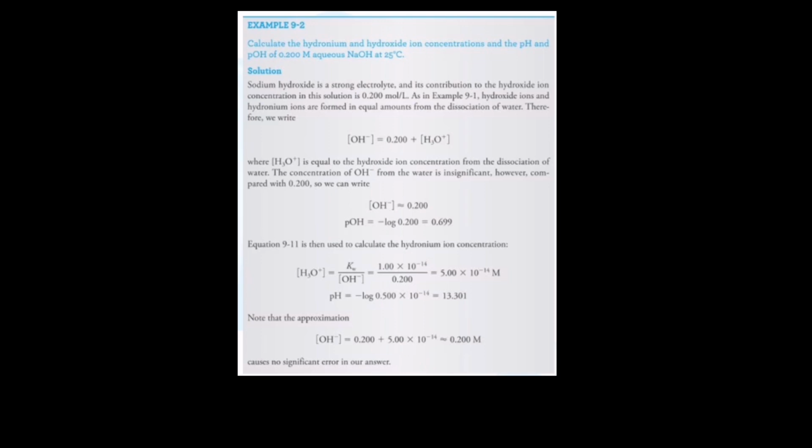After that, equation 9-11 is then used to calculate the hydronium ion concentration. So i-copy mo lang yung [H3O+] equals Kw over [OH-], which is 0.200, and then yung 1.00 times 10 to the power of negative 14 is constant na yan siya.